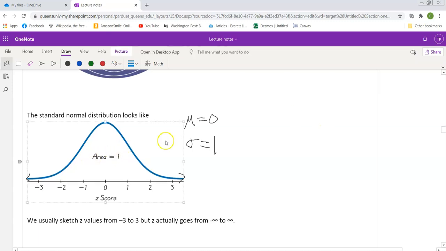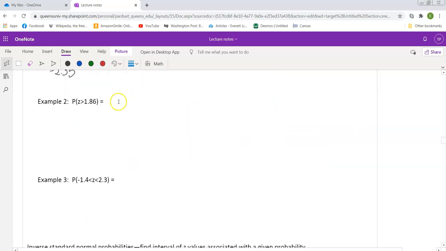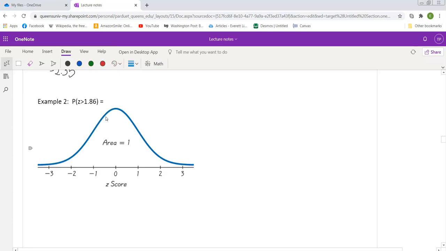I'm going to go ahead and, rather than sketch this every time, so if I want the area to the right of 1.86, 1.86 is between 1 and 2, but a little bit closer to 2. So I'm going to guess that's about 1.86.